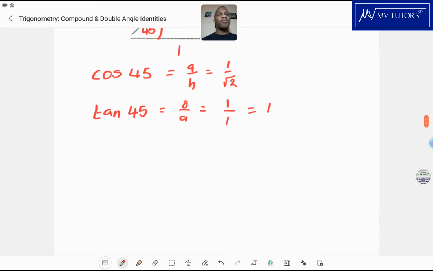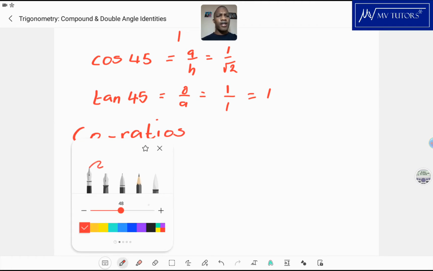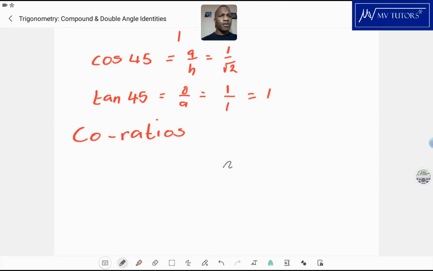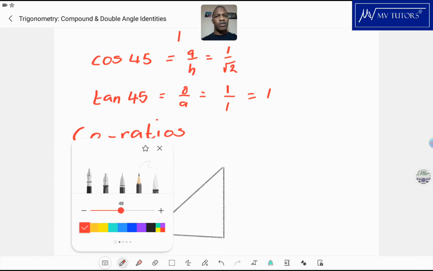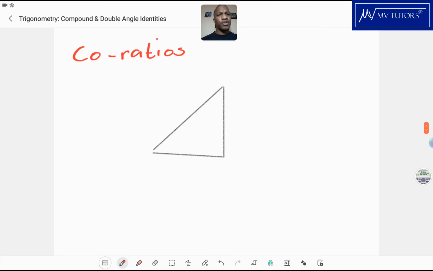Now I want us to speak about what we call co-ratios. Okay, so likewise, even this one, I want to start it with a triangle, because triangles do well to explain these concepts where you can see them in action. Okay, let's speak about co-ratios now.